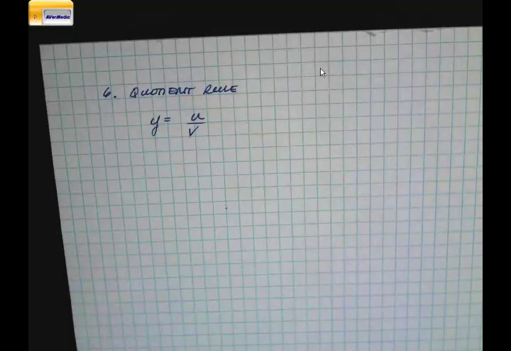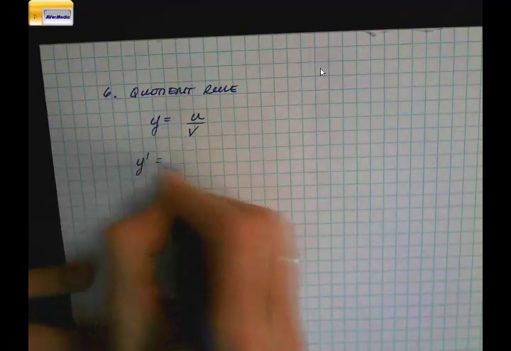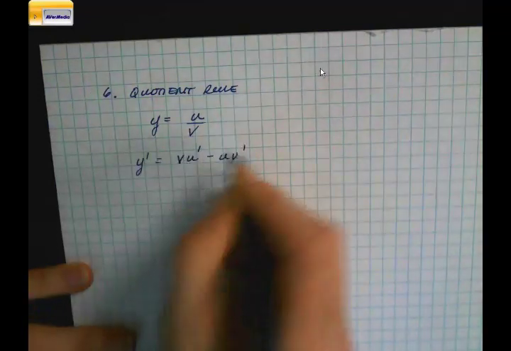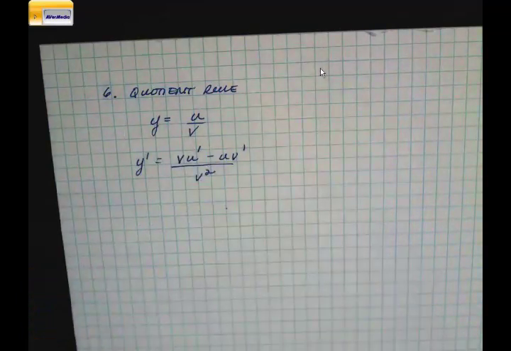So if you have a u over a v, then the derivative is the bottom times the derivative of the top minus the top times the derivative of the bottom, divided by the bottom squared.